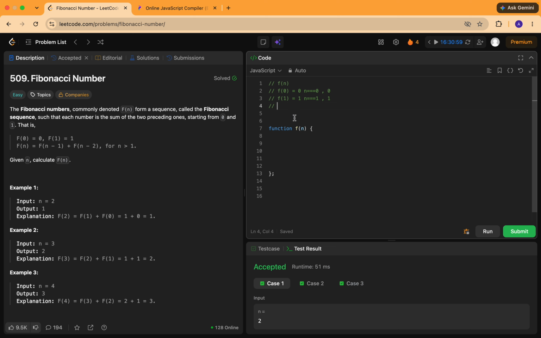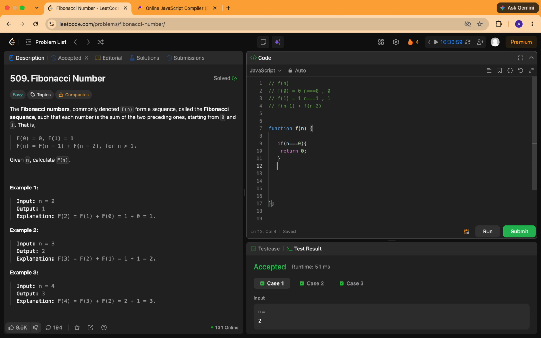And what is the small work? The small work is F(n minus 1) plus F(n minus 2). Now let's solve it. If n equals 0, it is going to return 0.